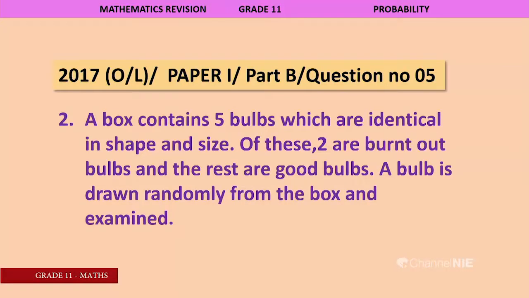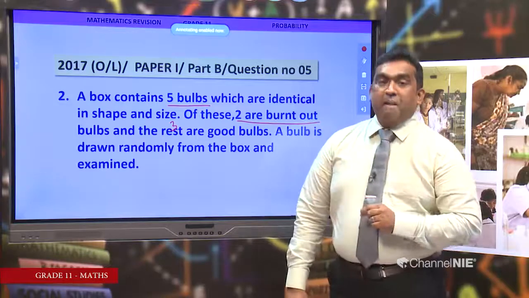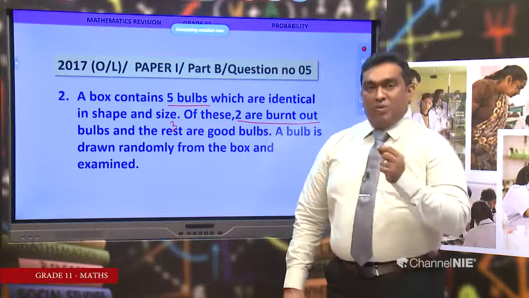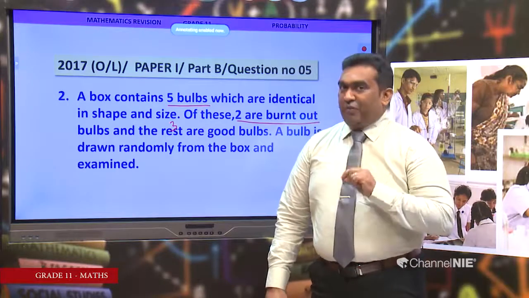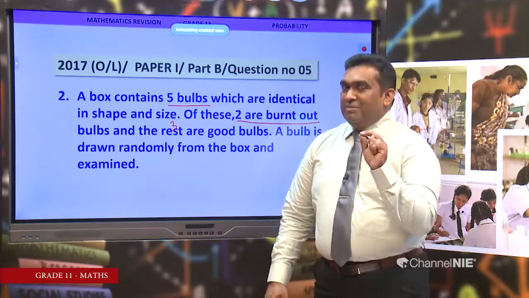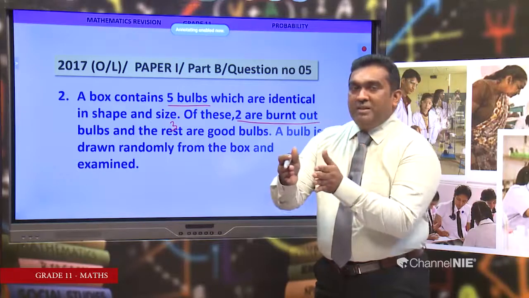This is our first event. Bulbs, and the rest means remainder. 5 minus 2, 3, right? 3 are good bulbs. There are two events, burnt and good.